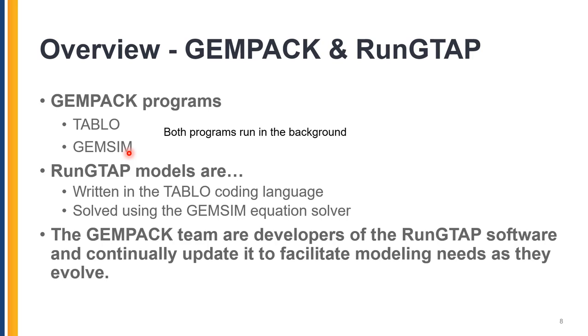And then if it passes that check, it'll say now is the time to send it over to the equation solver, GemSim. And that can be hidden from us, but it doesn't mean that we shouldn't familiarize ourselves with it. And so we will take steps through this online course, and even more in the second phase of the course when we need more details to understand what's going on with the background GTAP programs.